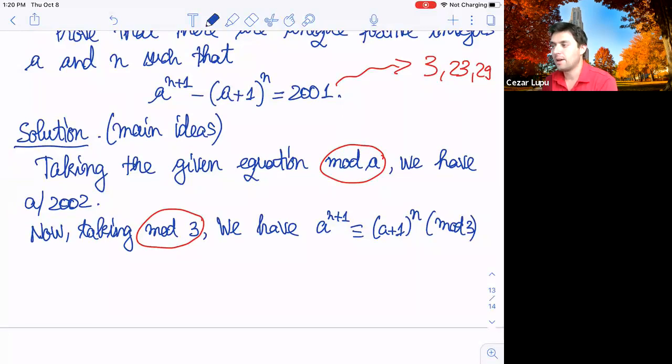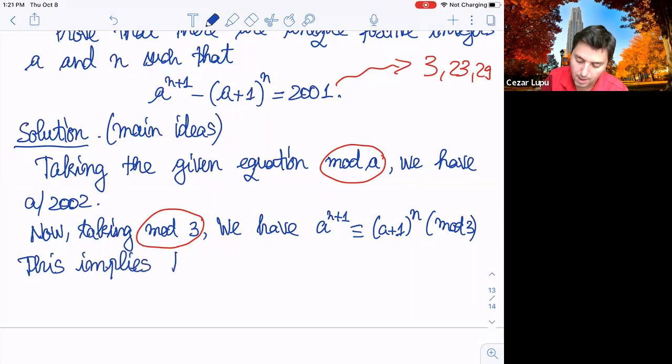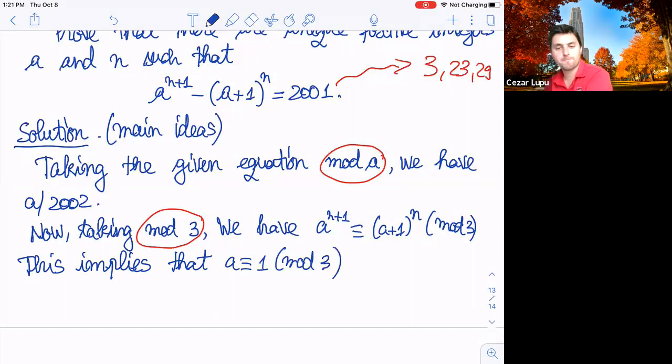So what does this imply? If you look at this, this implies that a is congruent with 1 mod 3. So this is what we're going to get. All right.